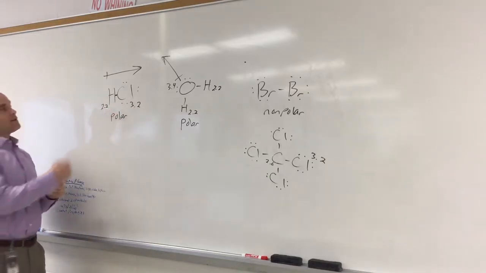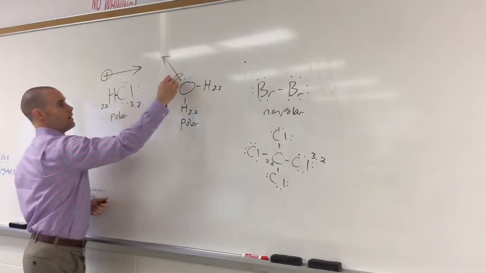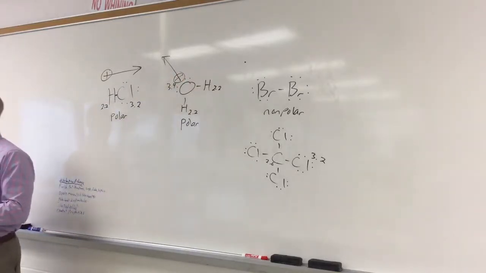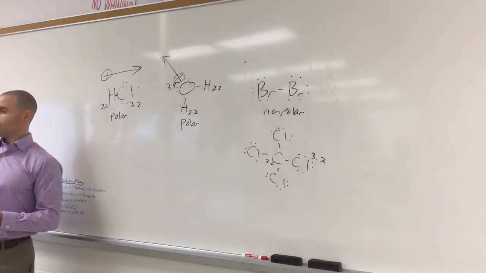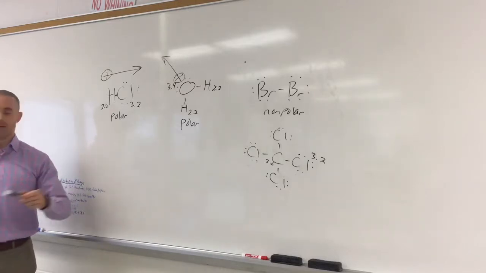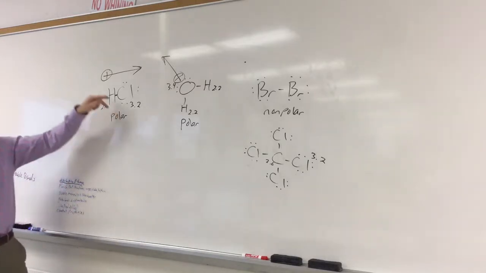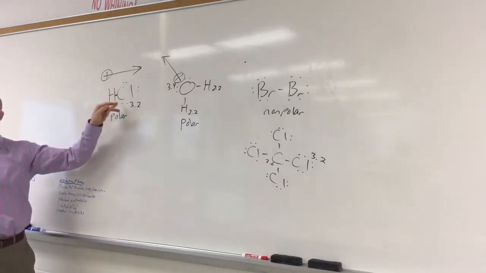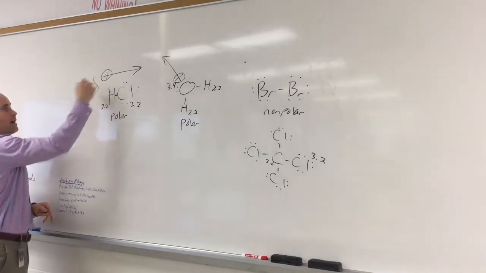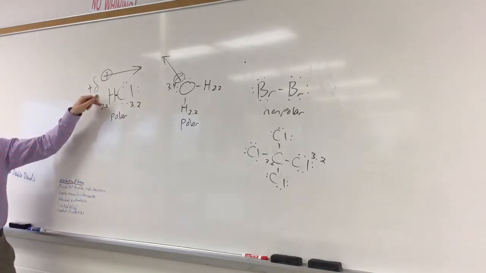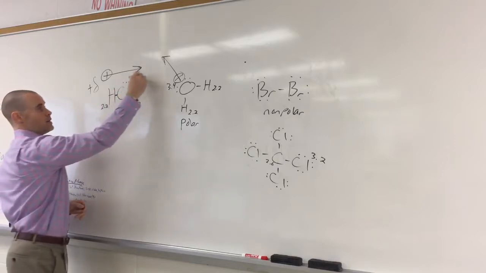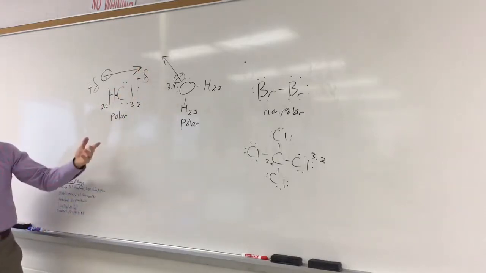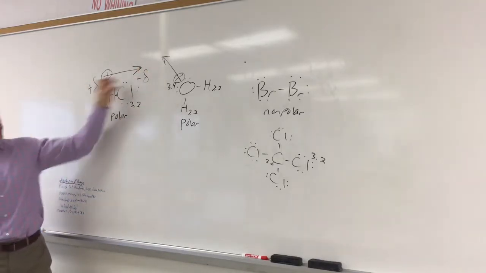Now, what does that kind of look like? What? A plus sign. Very good. You've seen me do this before. This side of the molecule is partially positive, so it has that weird little symbol. This side of the molecule is partially negative. Why? All the electrons are being pulled that way.